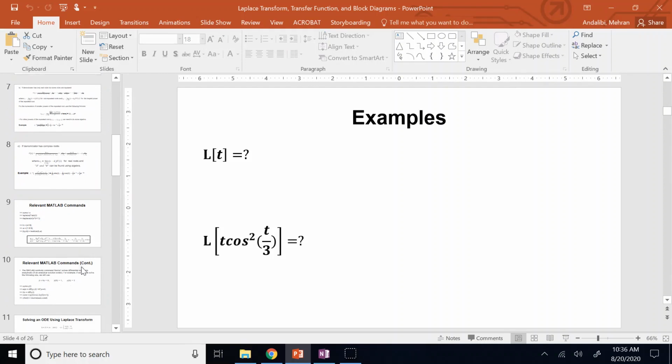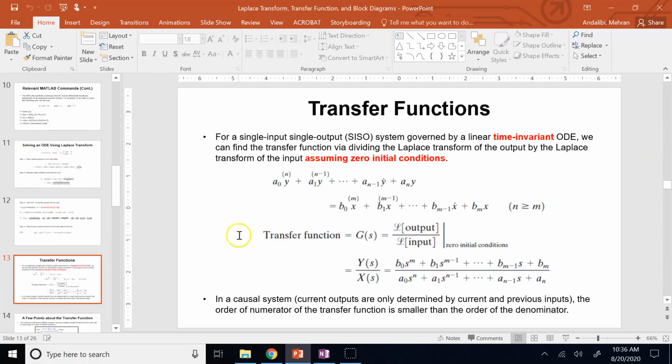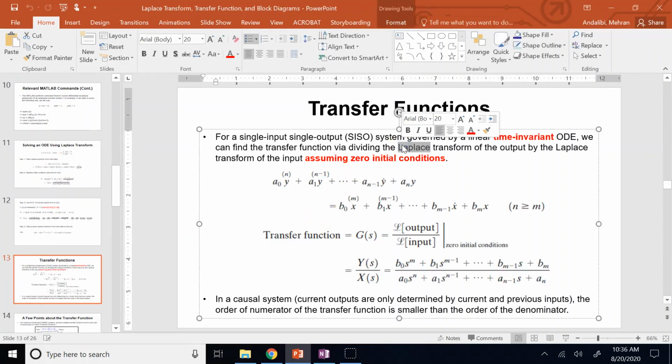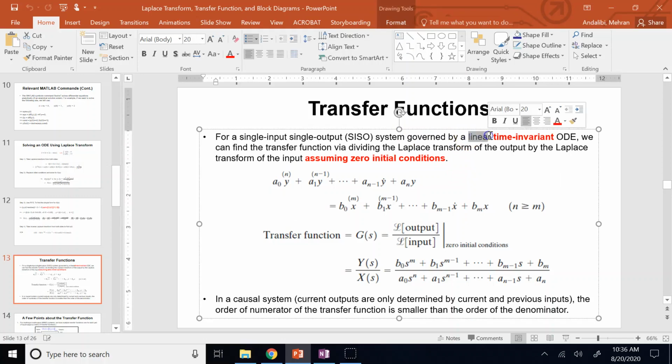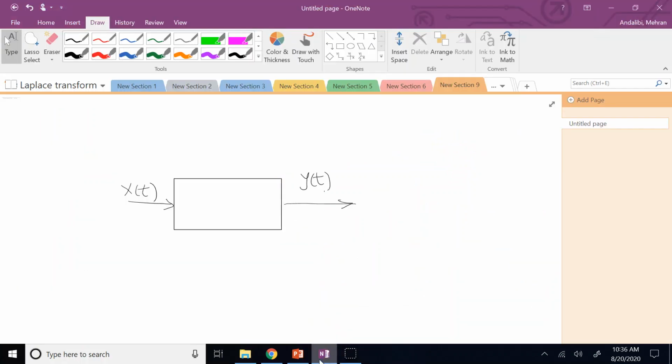So it is only useful for linear systems. That's why here we also emphasize, since the transfer function is Laplace of output over Laplace of input, in other words, you're applying Laplace to the governing differential equation, your governing differential equation has to be linear and also time invariant. So let me give you a couple of examples here.